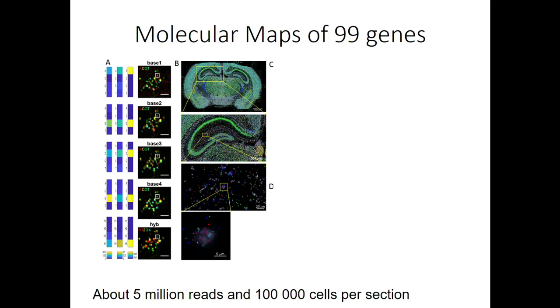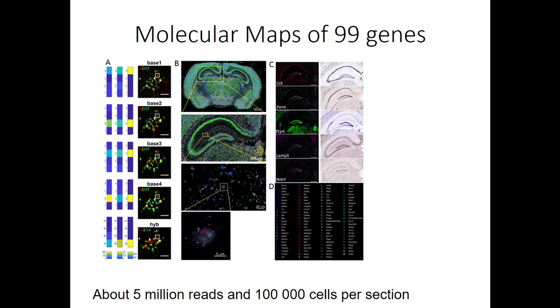So here's the distribution of the 99 genes in a full coronal section of the adult mouse brain. And then we zoom into the hippocampus. It looks like this. In this area of the hippocampus, you see these cells that we're targeting. We're not targeting all cells here, we're only targeting the neurons. And then down to the single cells. This is the data we're going to match to the single-cell RNA sequencing data.